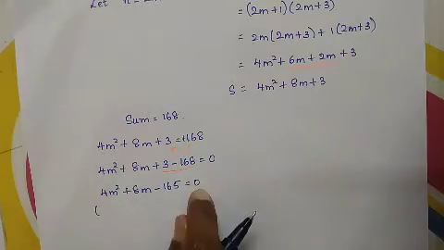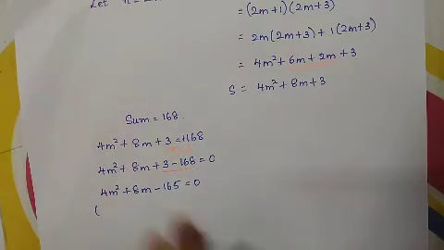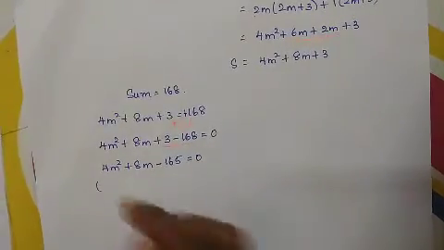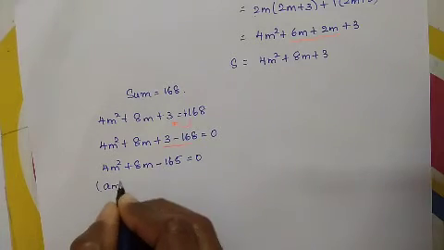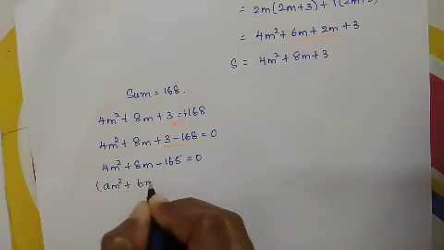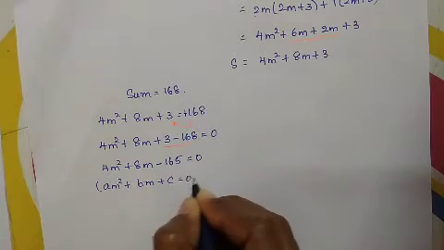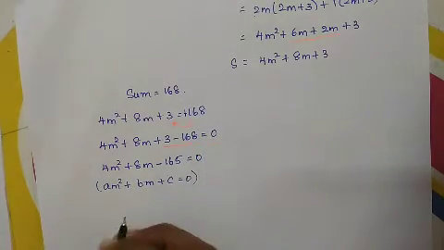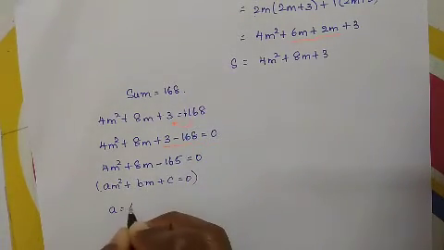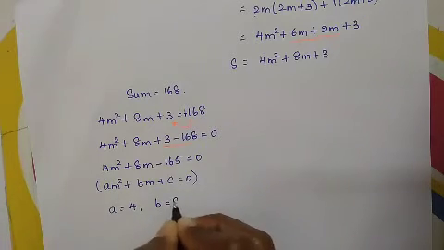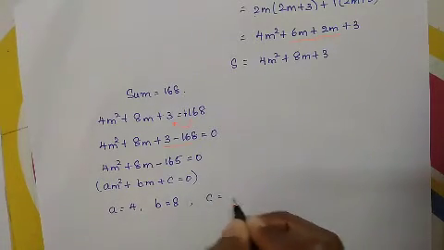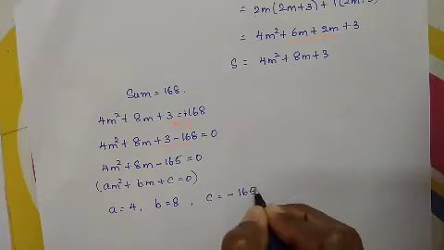Now this is a quadratic equation. The general form of the quadratic equation in terms of m is am square plus bm plus c is equal to 0. Comparing these two equations, a is 4, b is 8, c is minus 165.